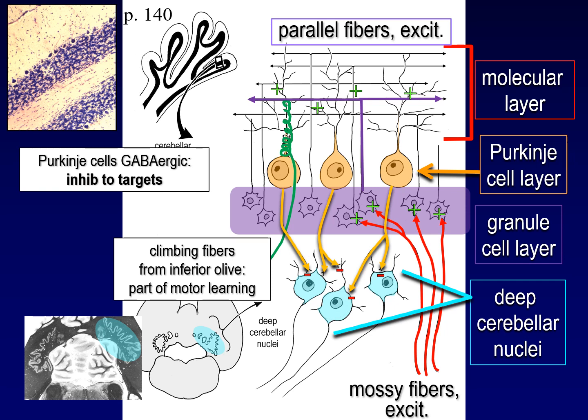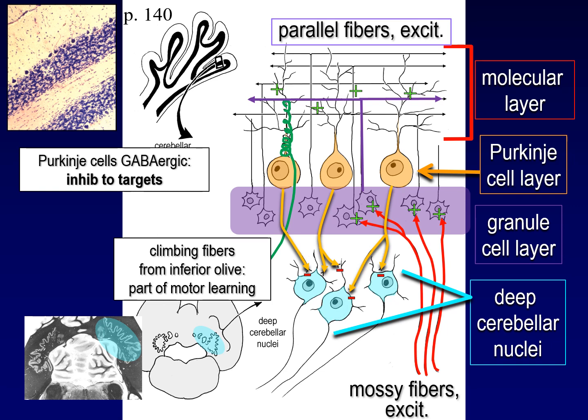The many synapses that they make with Purkinje cells are excitatory. And the Purkinje cells, in a single monolayer of cells, have their dendrites up there in that molecular layer, and they are the output from the cortex.